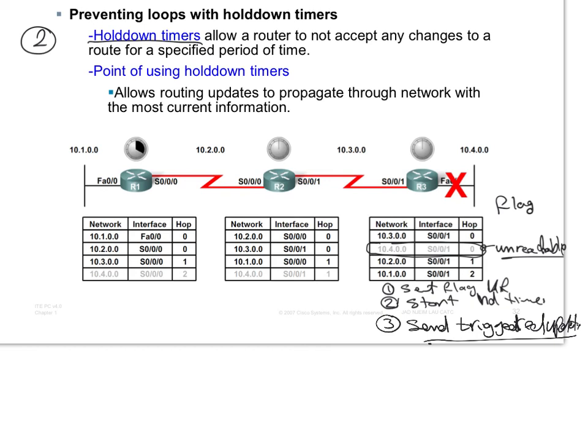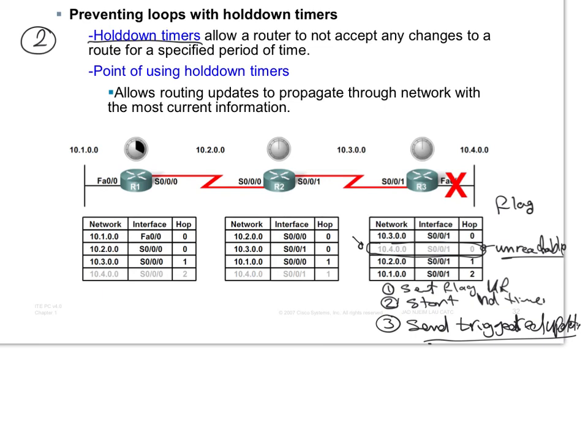So then we will set this route to unreachable. We will start a hold down timer, okay, and we will send a triggered update that this route is now unreachable. Why do we start the hold down timer?